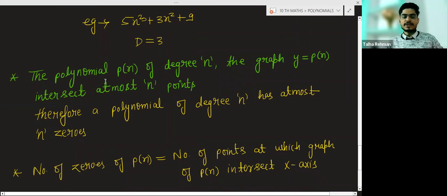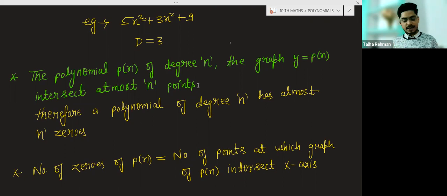After that we discussed the polynomial of degree n. The graph of p(x) intersects at most at n points. Means if the polynomial has degree 2, that graph will intersect the x-axis at most at 2 points. If the degree of the polynomial is 3, then the graph can intersect the x-axis at most at 3 points.